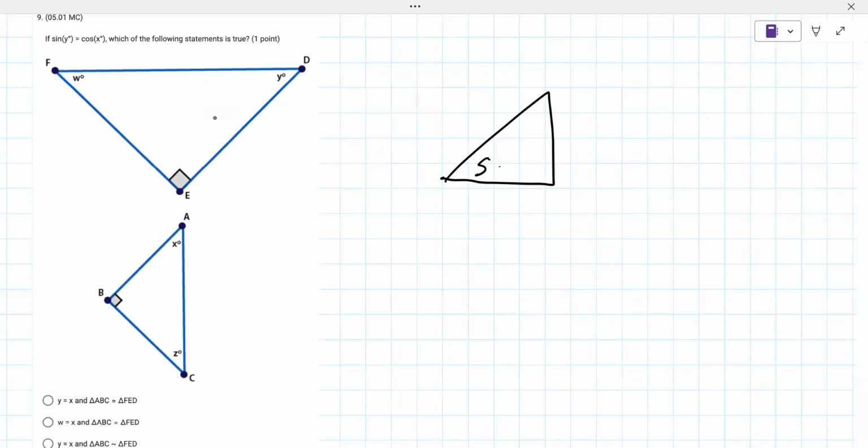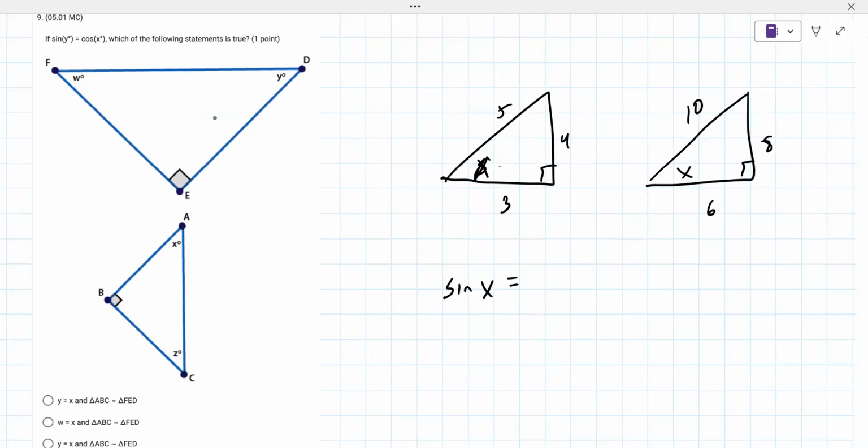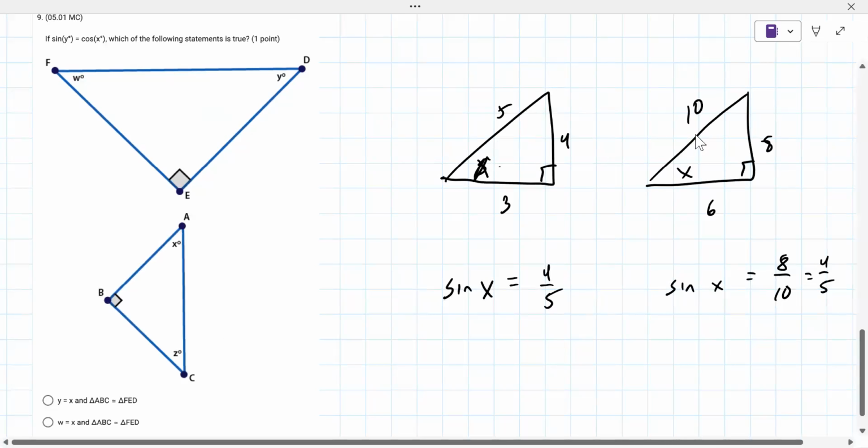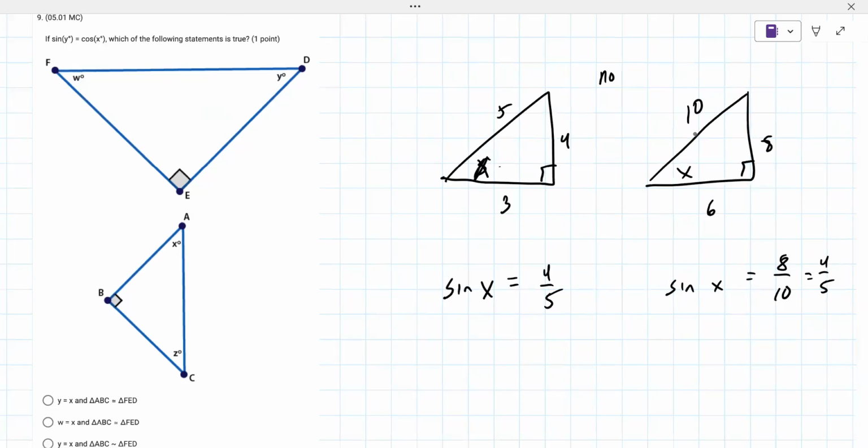Let's say this is x and this is 3, 4, 5, and this is x over here, and this is 6, 8, 10. The sine of x is 4/5. The sine of x is 8 over 10, which reduces to 4/5. But these are not the same triangles. They're not congruent, but they are similar.